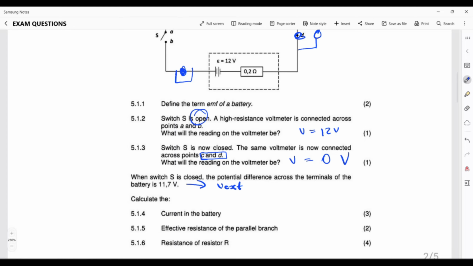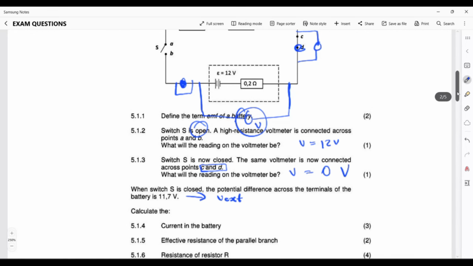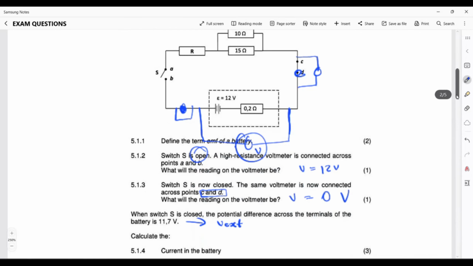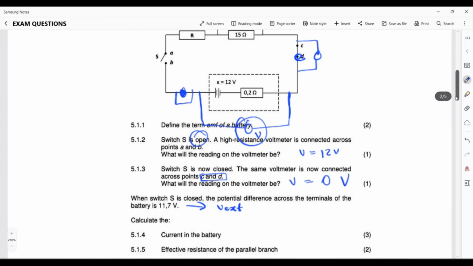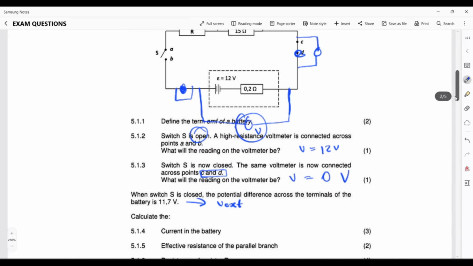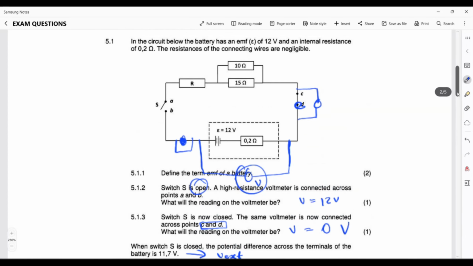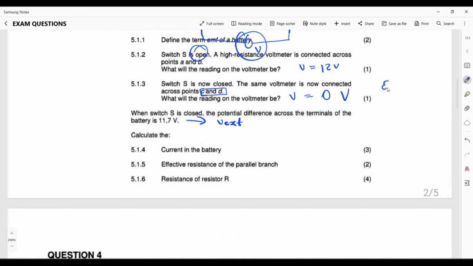It is connected across the terminals of the battery, and V measures the external voltage distributed outside the battery. To make life simple, we have our EMF, which was 12, and V external, which is 11.7.